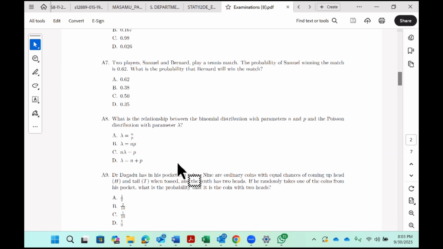So when they play a tennis match, how many possibilities? We have 0.38. Are we sure? Let's analyze it together, please. So when we play tennis, we have possibilities: either win, lose, or draw.